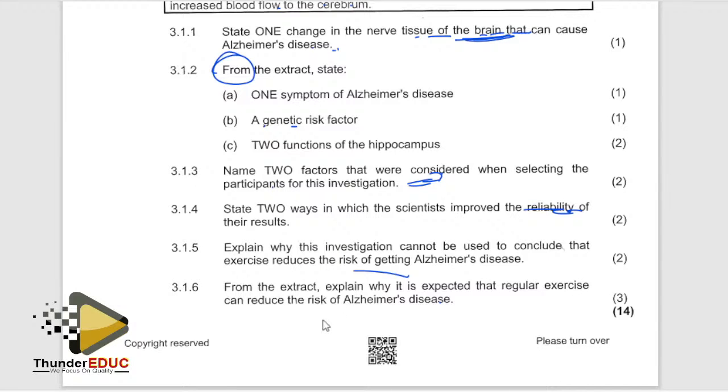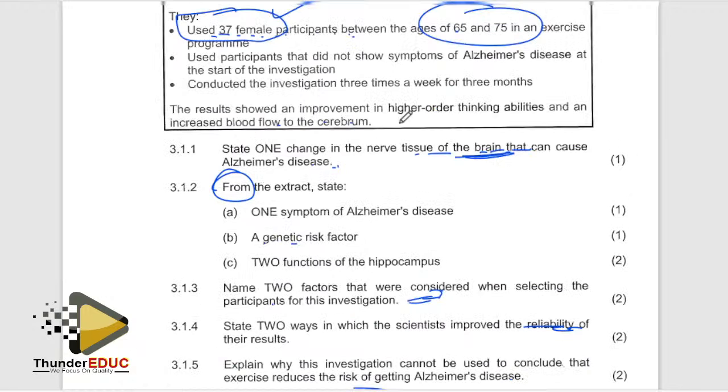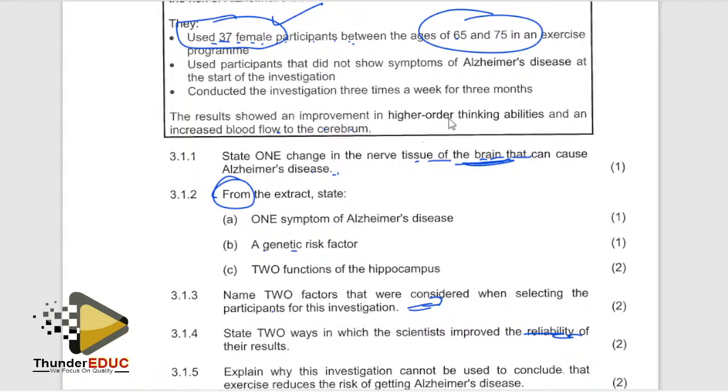It can reduce. It's not mandatory that it's going to reduce, but they are saying can. It may not, or sometimes it can. Yes, most especially if it's not genetical. Yes, because it improves higher order thinking ability and increases the blood flow to the cerebrum.